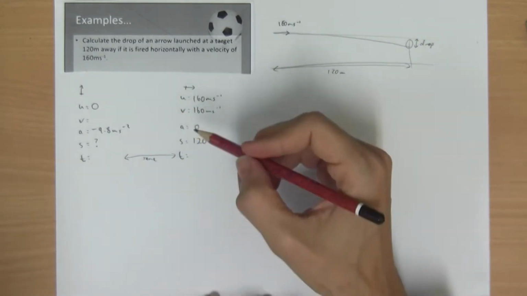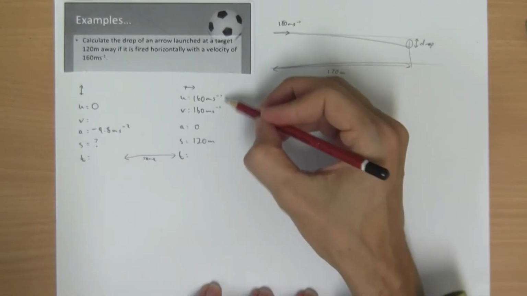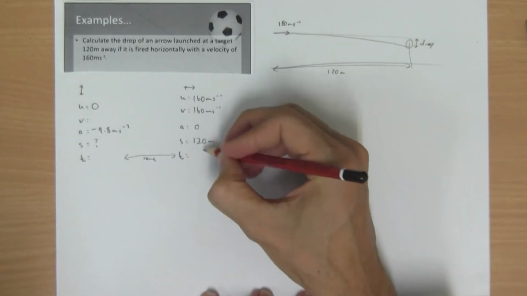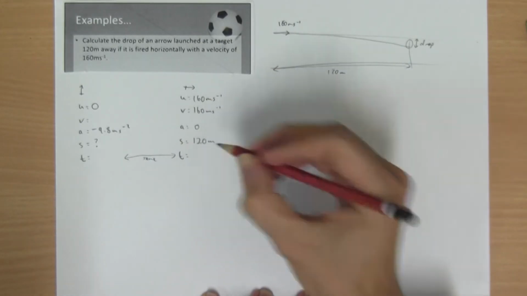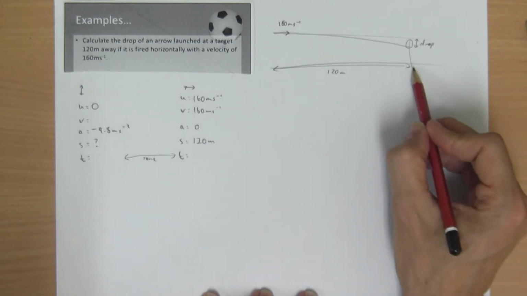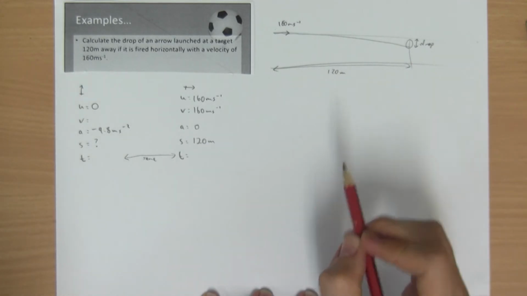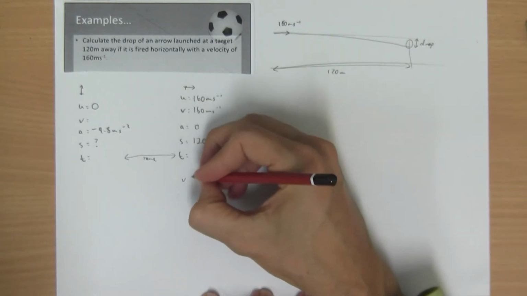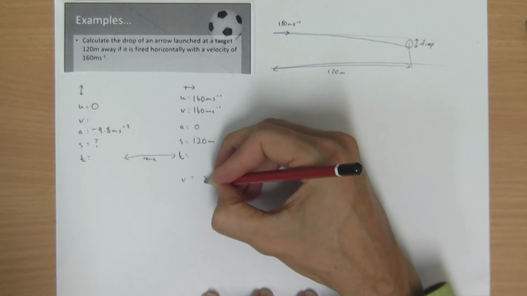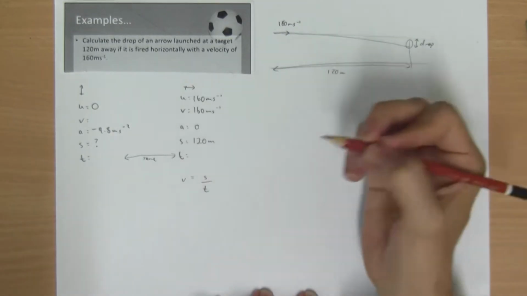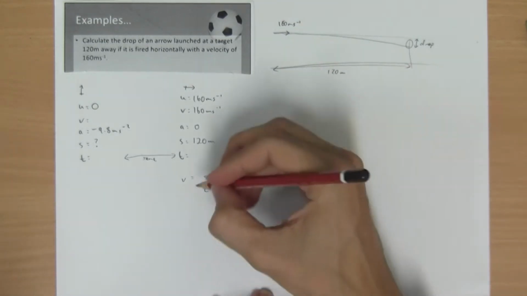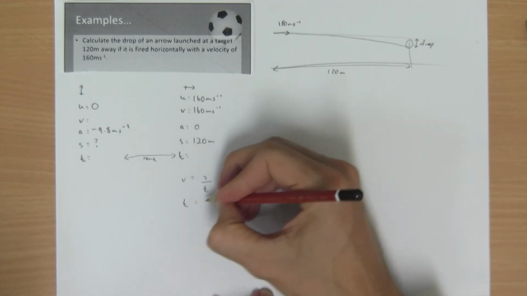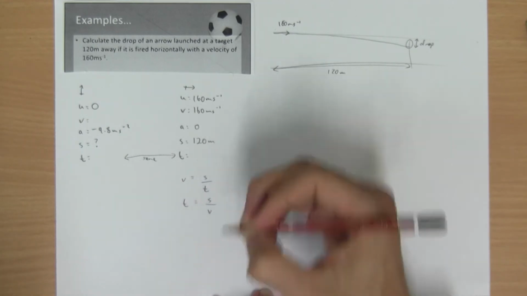So the first thing I have to do to solve this is first solve the horizontal problem. How long did it take that arrow to travel 120 metres? Well, nicely, the velocities are the same. So speed is distance over time because there's no acceleration. I'm looking for the time, which therefore is the distance over the speed.